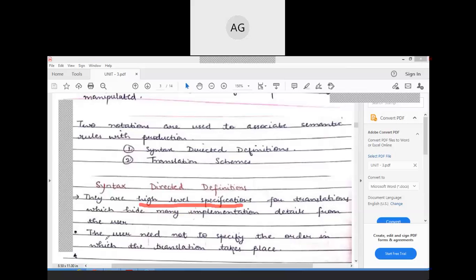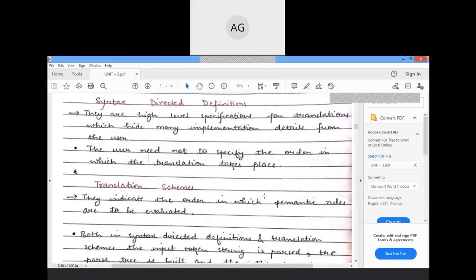So the user need not specify the order in which the translation takes place, because we are hiding the underlying details from the user. So in syntax directed definition, we are hiding the implementation details from the user.